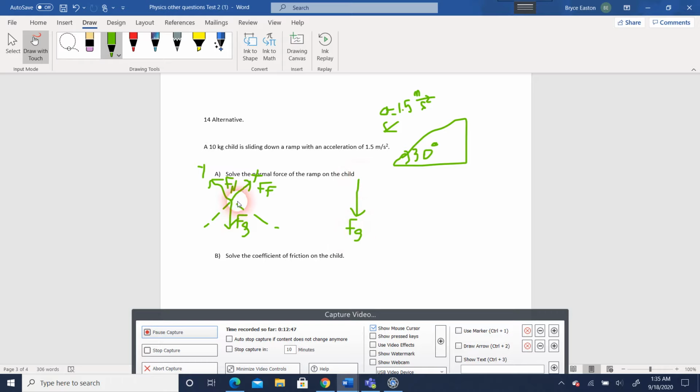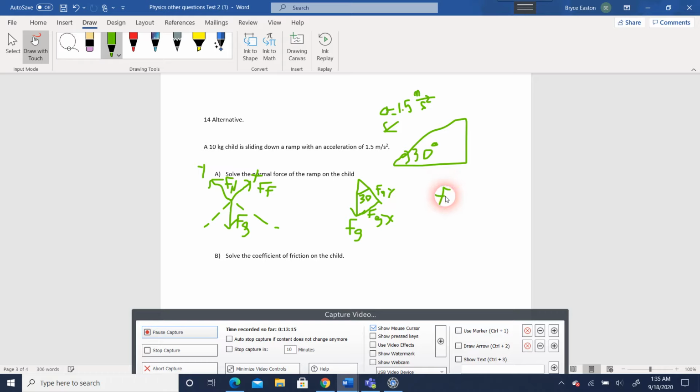So with the new X and Y axis, we're going to split this into Fg of Y and Fg of X. And this right here is going to be 30 degrees.